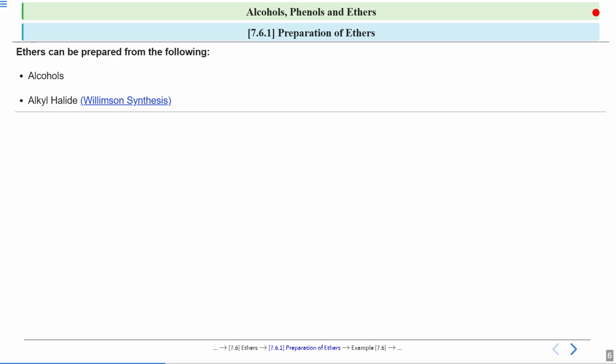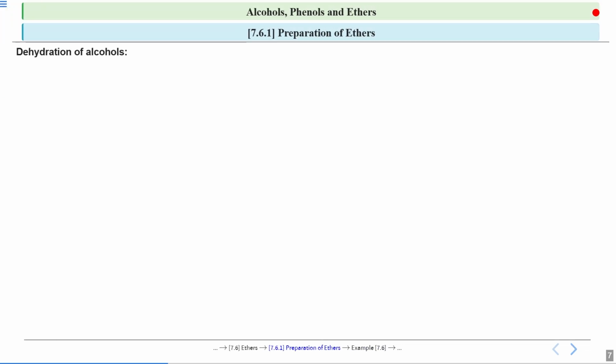From Williamson synthesis, we can prepare ethers from alkyl halides. Halides means fluorine, chlorine, bromine or iodine, that is the X group. Now one by one we will see from both these reactions how we are preparing our ethers.